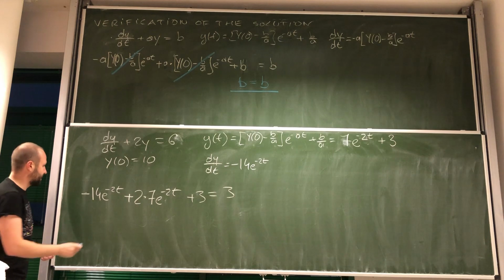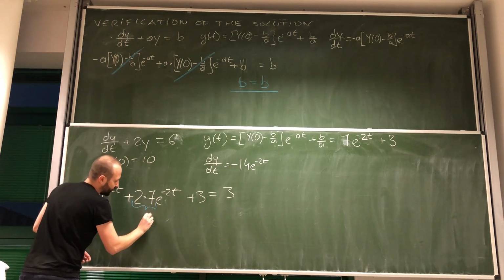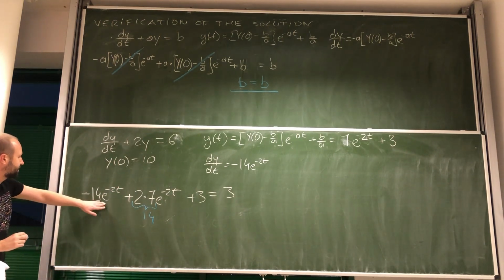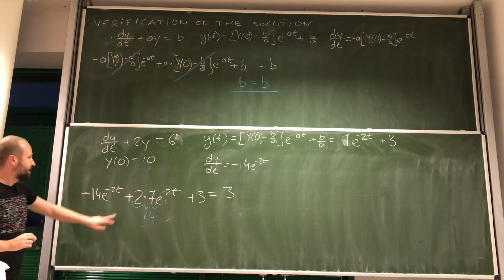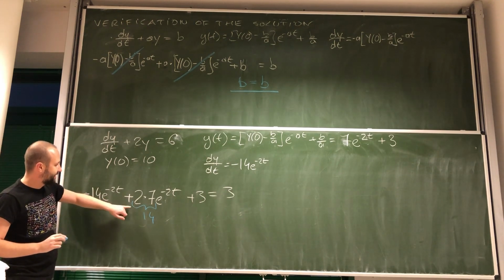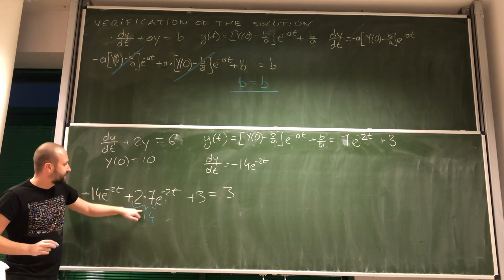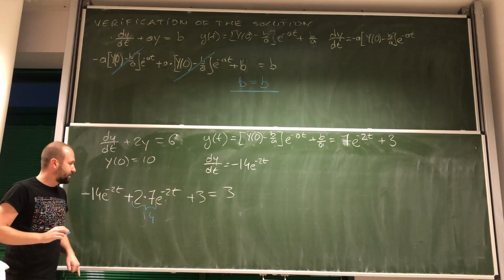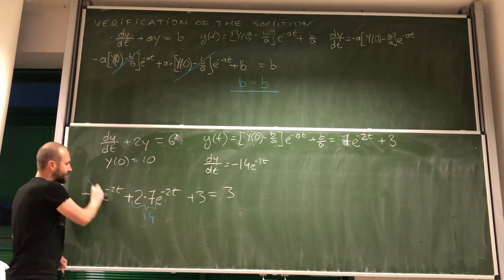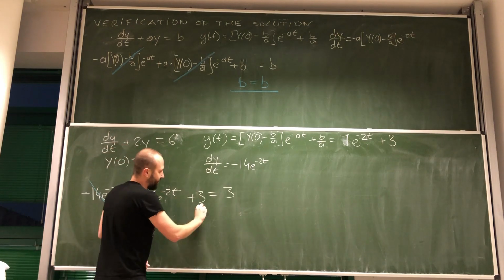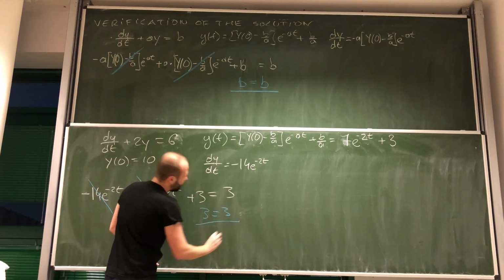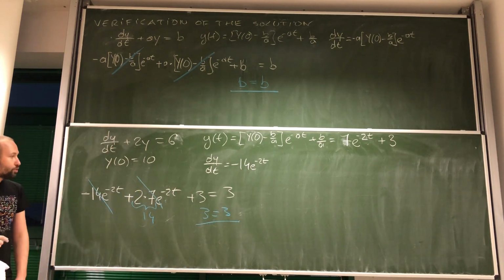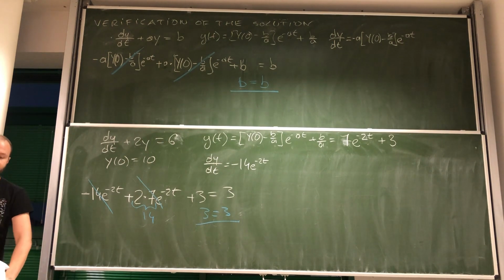And again, this is just 14. So we've got negative 14e^(-2t) plus 14e^(-2t), and they cancel each other out. Again, we've got 3 equals 3, which means that the solution actually works.